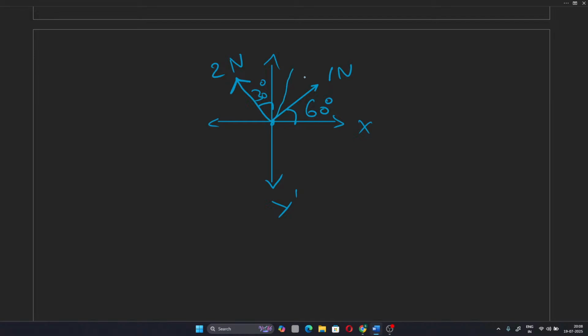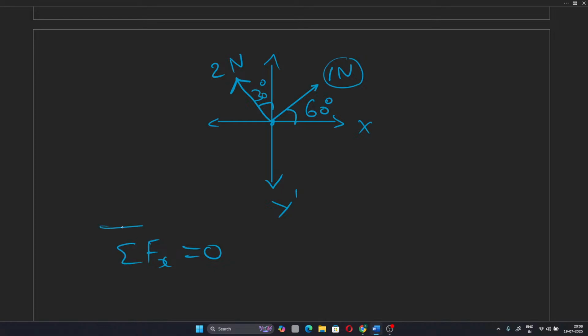The minimum additional force required to keep it in the y-axis only is, according to the problem, the force along the x direction will be 0.